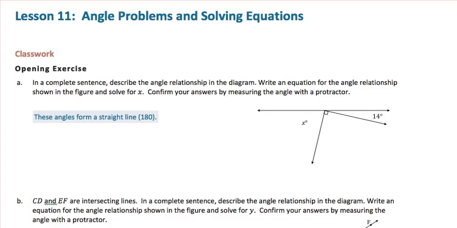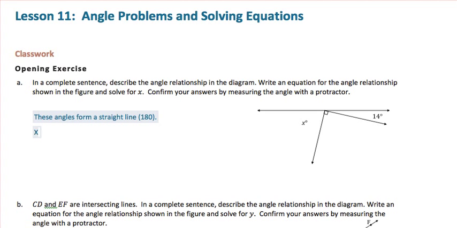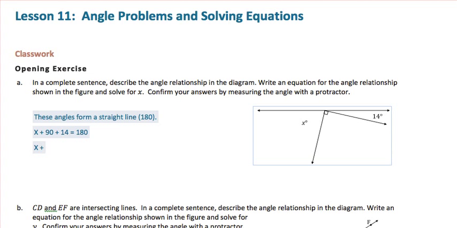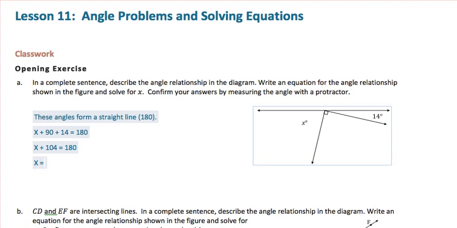Our equation would be x plus 90, since this is a right angle, plus 14 equals 180. We'll combine the like terms. x plus 104 equals 180. That means x equals 76.